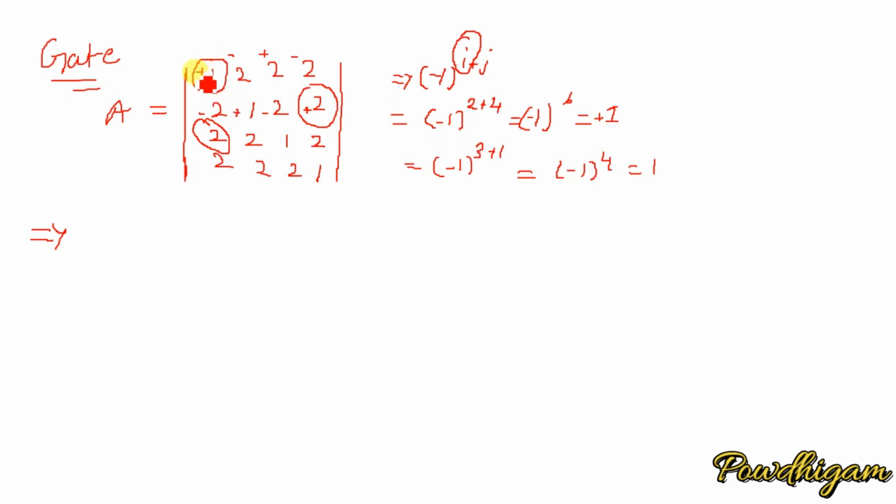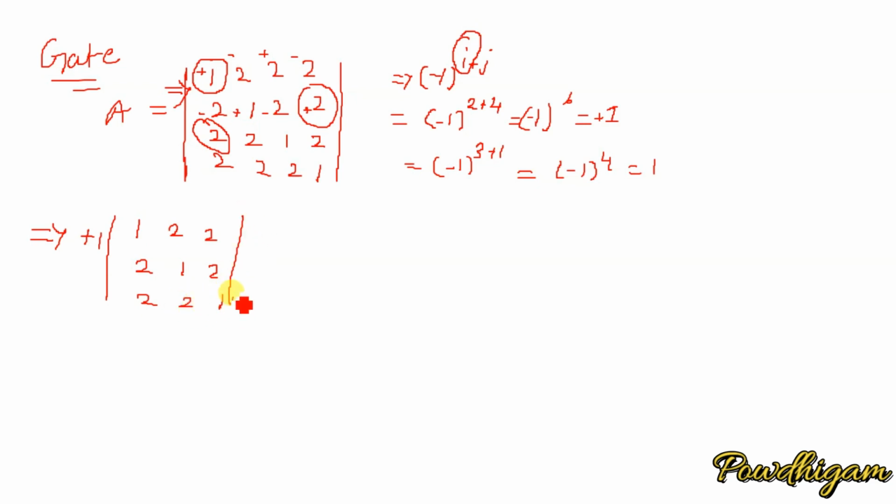Now take this element and follow the standard method to find the determinant of this 4 cross 4 matrix. Take this one with plus 1, and take its minor matrix: eliminate this row and column, and take the rest, which is 1 2 2, 2 1 2, 2 2 1.